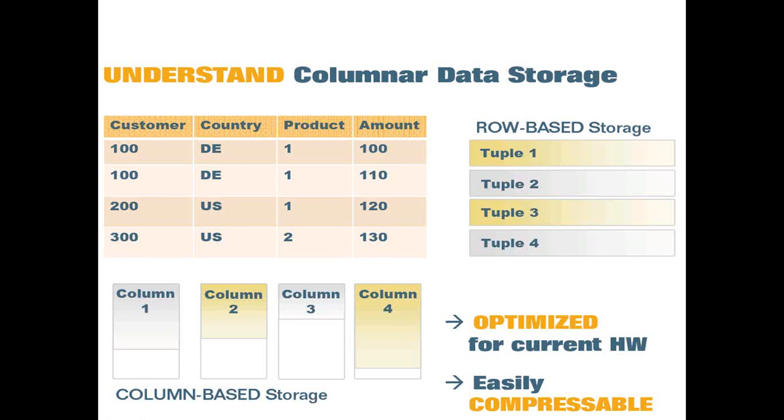But what we're doing in SAP HANA is we're breaking them into individual columns. Each column is treated as a table. So when you start your query, here you would have only distinct values: 100, 200, and 300, only 3 values. In the second column, you have Germany and US, only 2 values. Product, only 2 values, and only the amount is occupying the entire table. When you fire a query and you're looking for 300, the system will first come here, go into the customer column, go into 100.